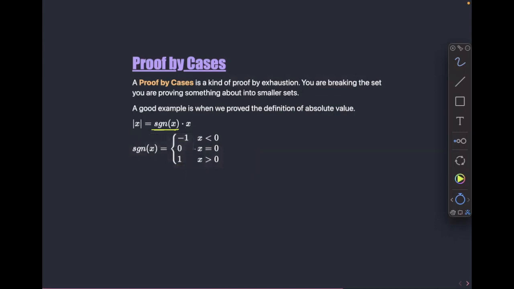The absolute value of x is just the signum of x times x. Since we have this definition for signum, that's a pretty good indicator that for our proof by cases we can use that fact. We might want to think of the cases where x is less than 0, x equals 0, and x is greater than 0. And so we can break it into cases.